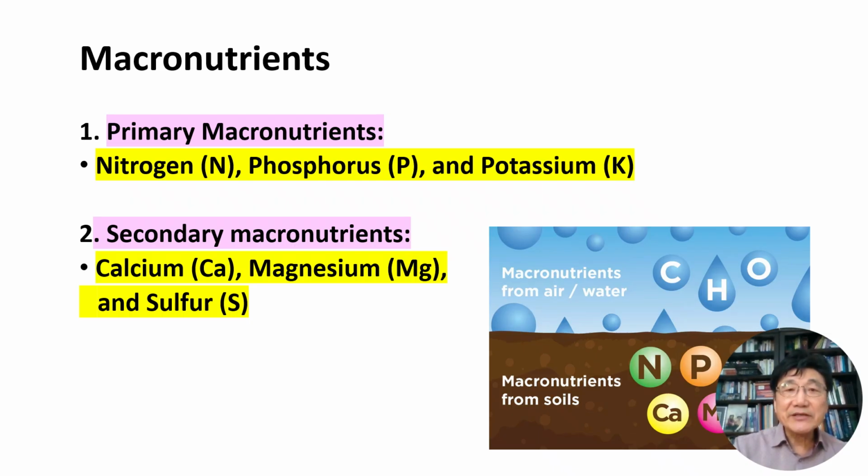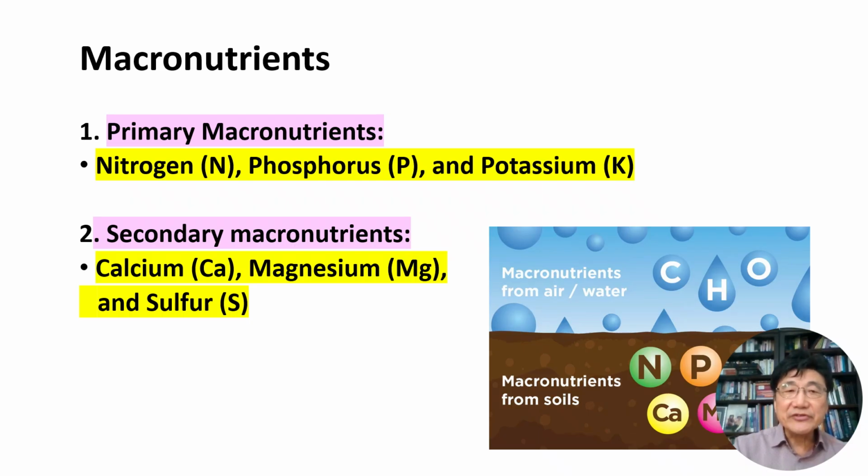Plants require 17 essential nutrients for healthy growth and development. These are categorized based on the amount the plant needs, such as macronutrients and micronutrients.